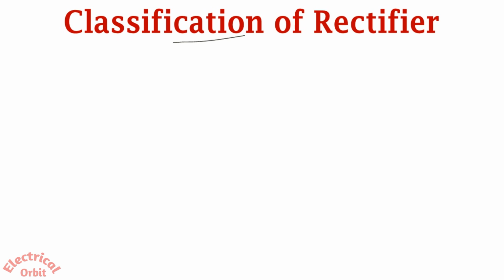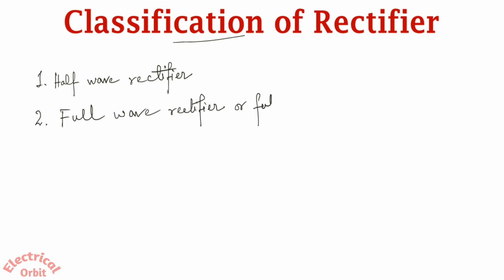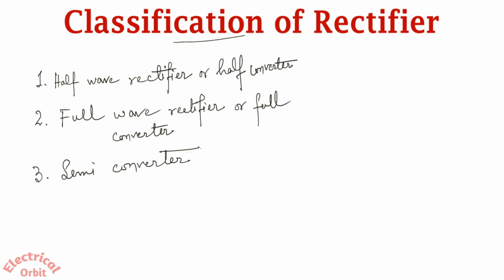Now let us discuss the classifications of rectifiers. There are separate types of rectifiers in power electronics. First is the half wave rectifier. Next is the full wave rectifier or full converter. Next is the semi converter. Like this, we use them for both single phase and three phase rectification.